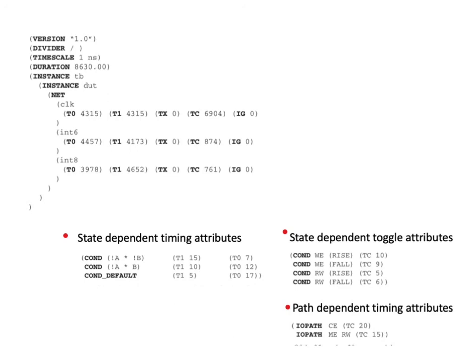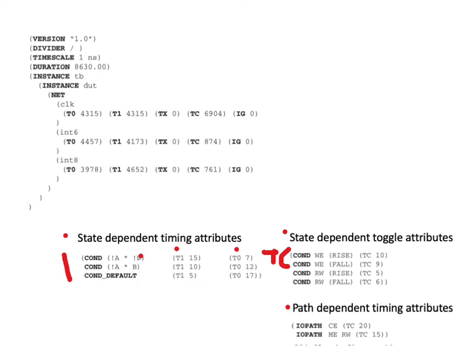So an example of a forward SAIF file would have conditional statements like this, where here we are looking at the static probability T1, and you could also get TC, the toggle count, and this would be evaluated only when net A and net B are equal to 0.